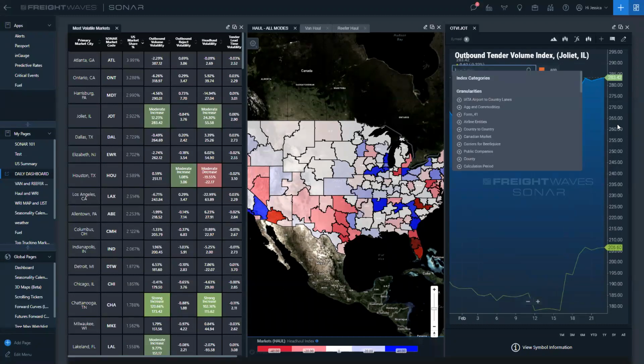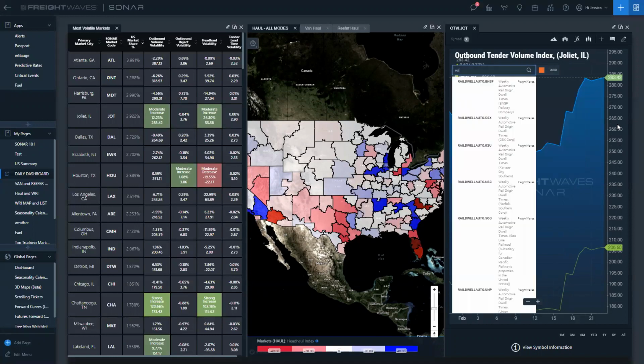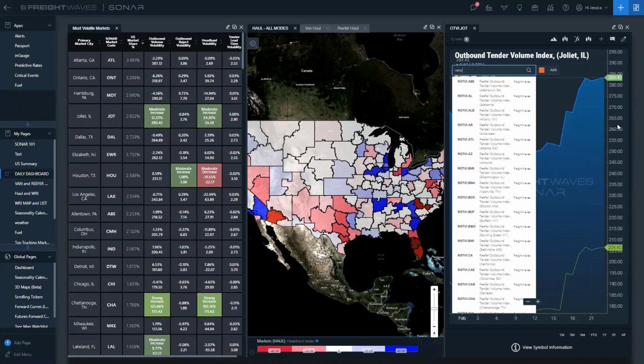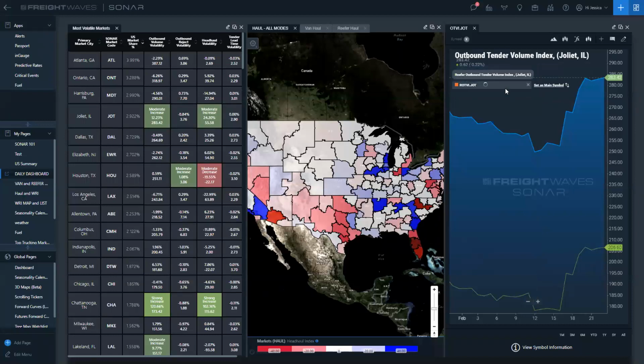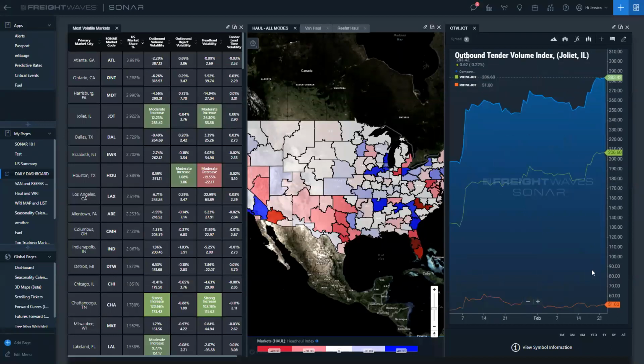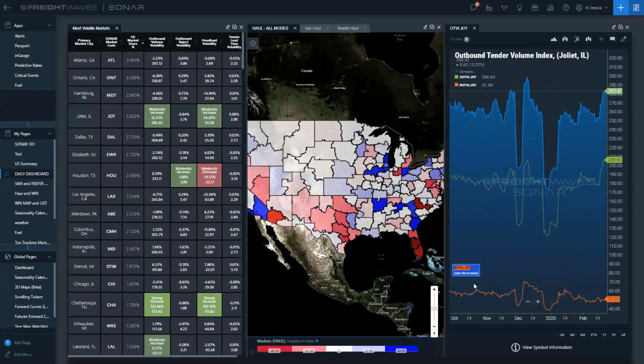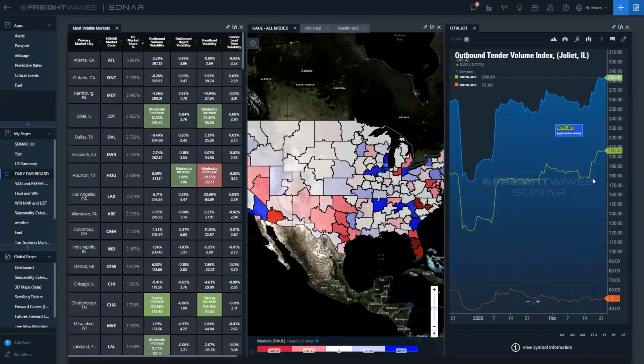If you want to look at reefer, you would type in ROTVI.JOT. And this will pull the difference between van and reefer. So reefer is relatively small for the Joliet market as of right now. So this increase is definitely coming from van freight. It's very simple to click and type in a couple different compares to quickly identify what is pulling that market up.